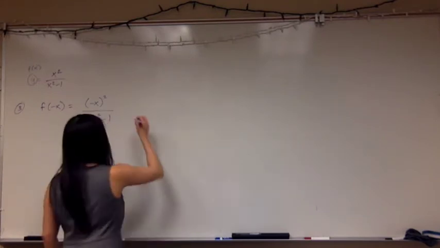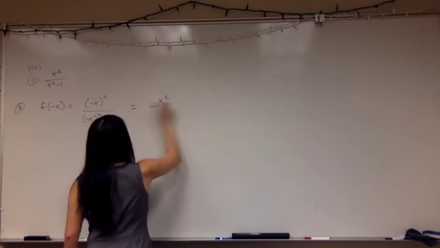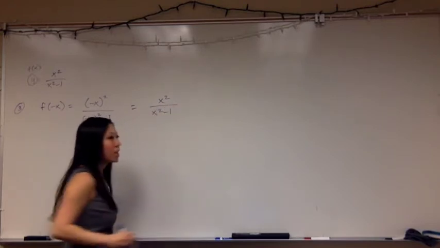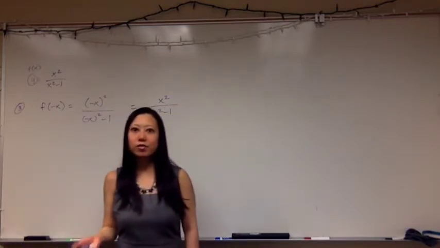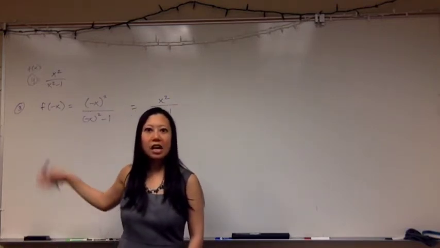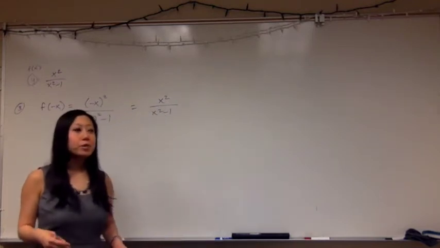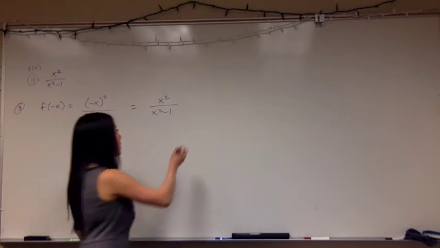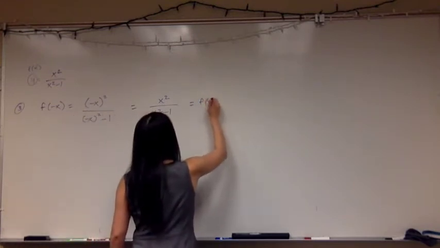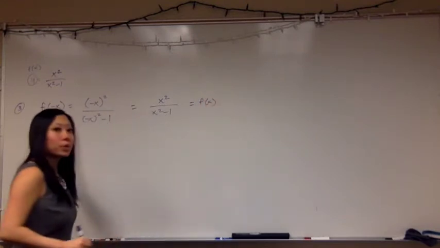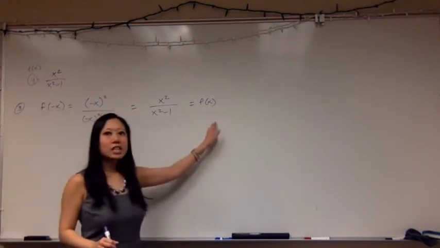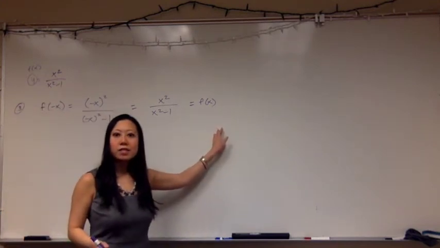So this just gives me x squared over x squared minus 1, which is exactly what the original function was after we simplify, right? So this is just equal to f of x. So we have f of negative x equals f of x, which tells us that the function is even.